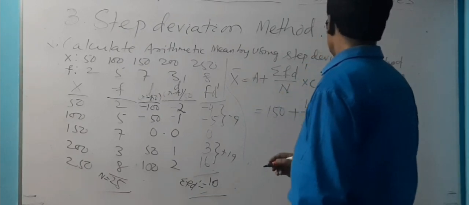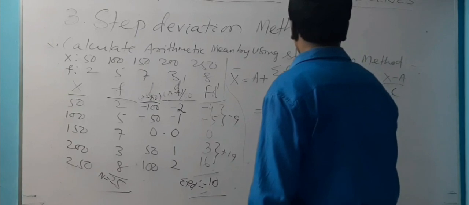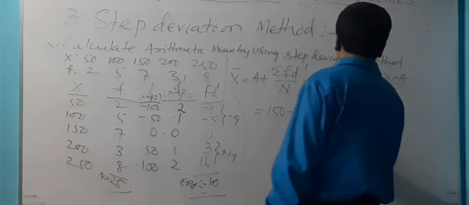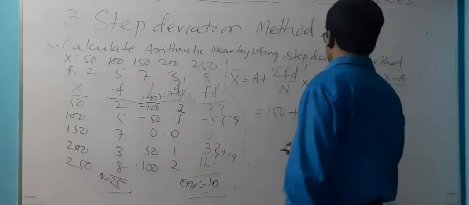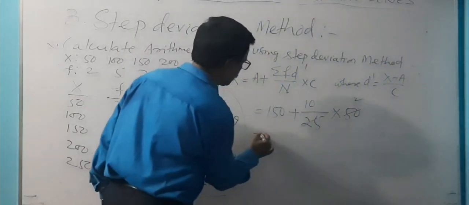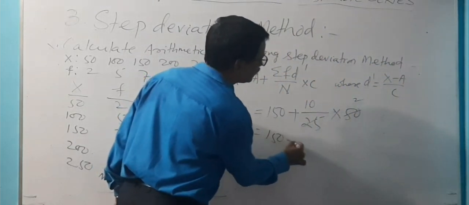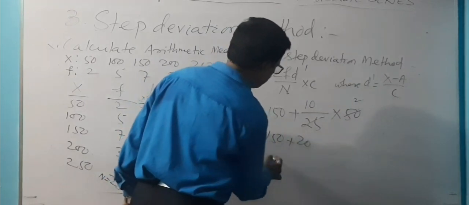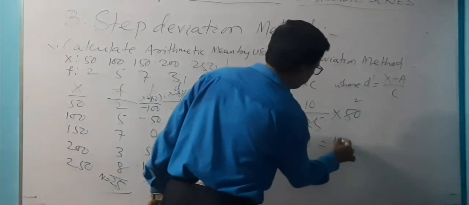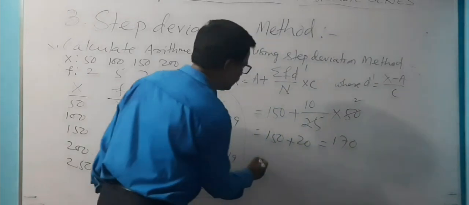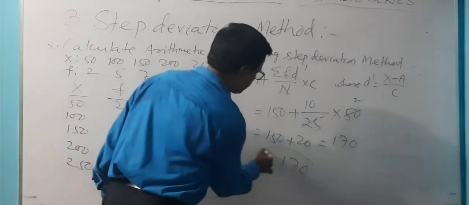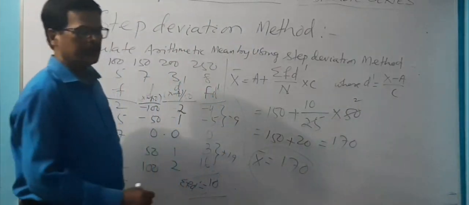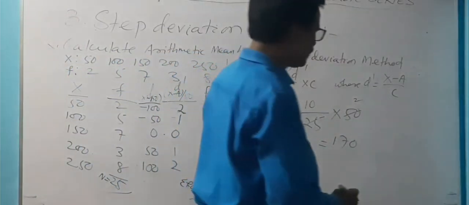So how much will it come to? 25 into 50 is 2. So it comes to 150 plus 20, that is equal to 170. So X bar is equal to 170.